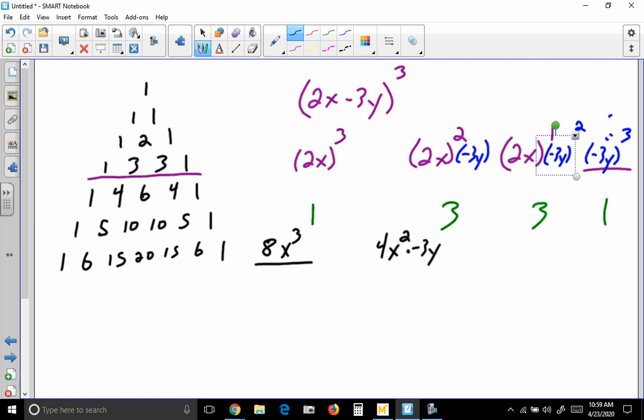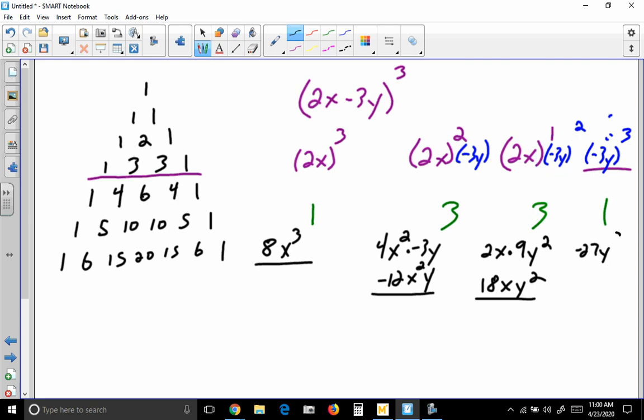So that makes negative 12x squared y. This term is 2x times negative 3 squared y squared. So that'd be 18xy squared. And the last term is negative 3 cubed, which is negative 27y cubed.